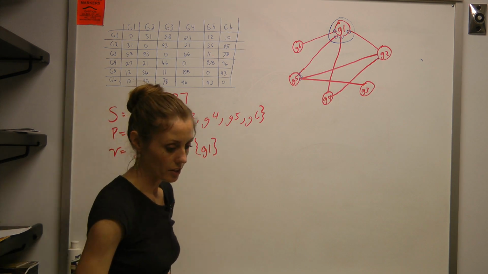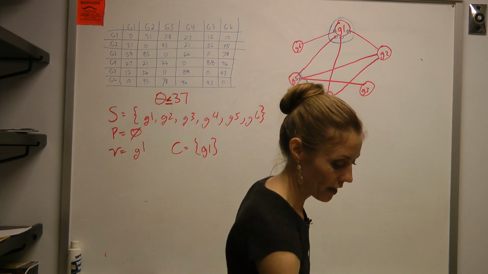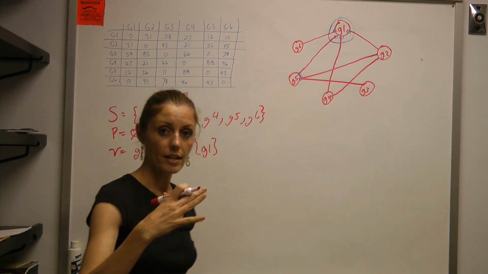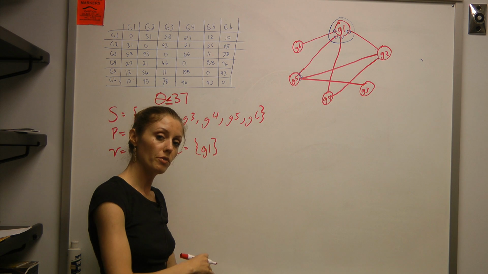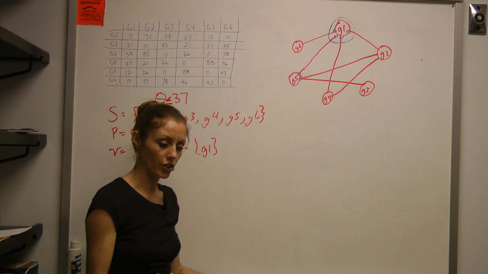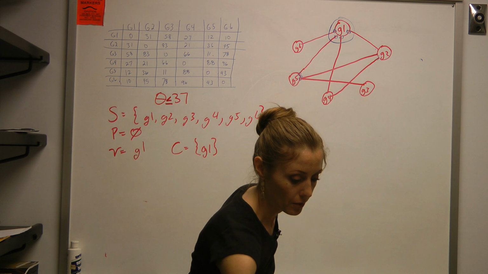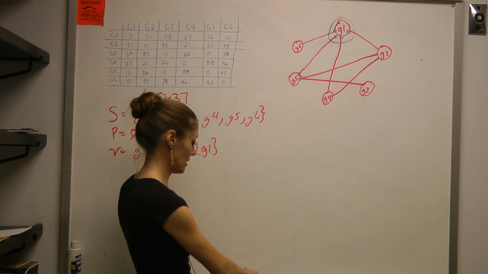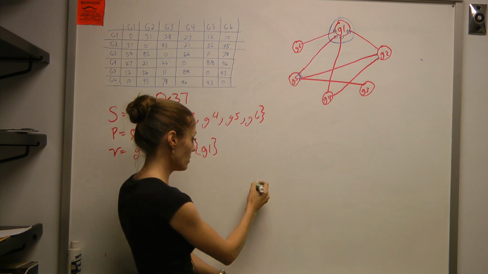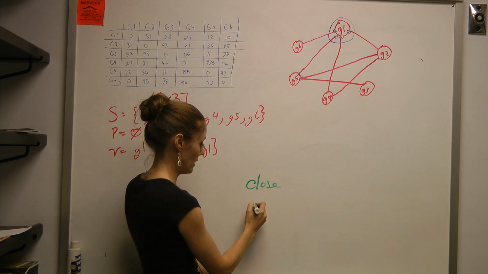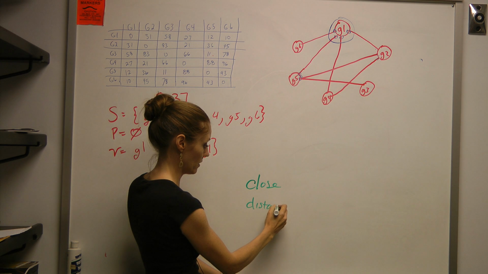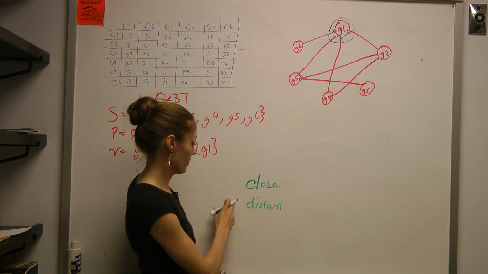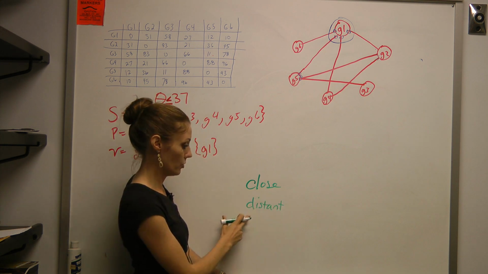So now that we have our initial cluster, we can go ahead and see if we should start adding close genes or removing distant genes from our cluster. And if you look at the bottom of 353, it explains that the words close and distant are not general uses of these words.